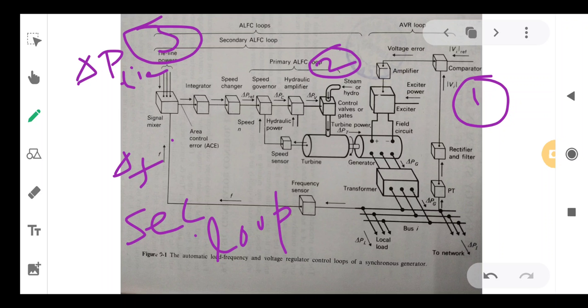So, this is the added advantage of your ALFC secondary loop. If you have the primary ALFC loop, why do you go for secondary ALFC loop?